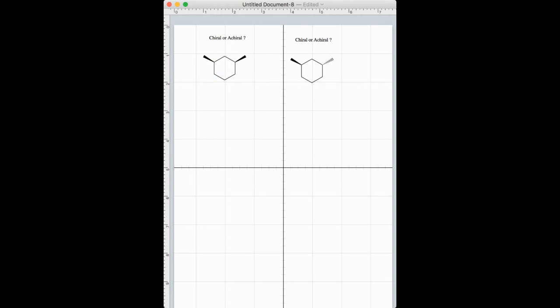But what about if I draw a plane of symmetry like this? Okay, so a plane of symmetry right here is dividing the molecule on the right side and on the left side. They are the same and they are the reflection of one another. So indeed, this is a plane of symmetry in a cyclic molecule. And because there is a plane of symmetry, the molecule is achiral.